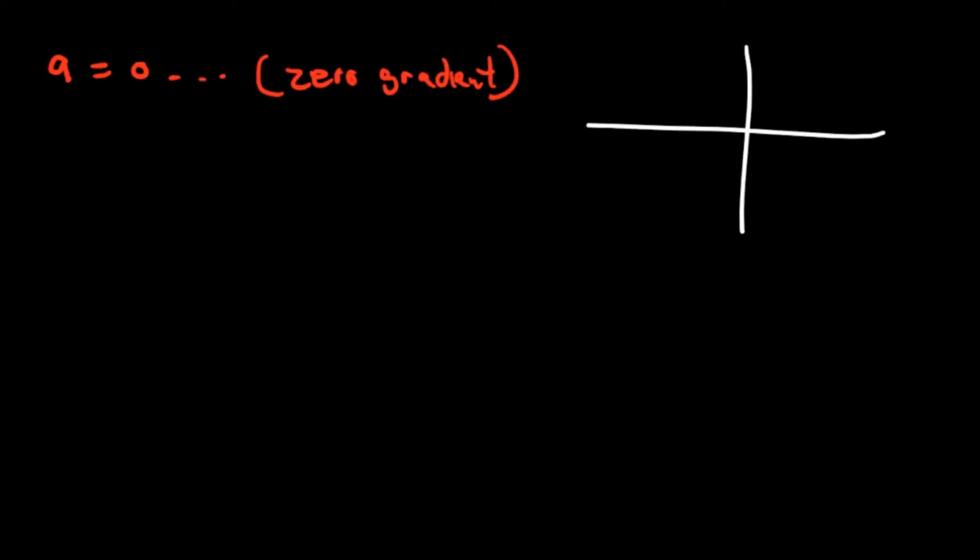Now let's say our a, which is our gradient, is equal to 0. Right? So 0 gradient. So how will our function look like? So we draw the function. This is the y-axis, this is the x-axis. So because the gradient is 0, it means that if you are going to write the formula of a gradient, which is change in y over change in x, right?